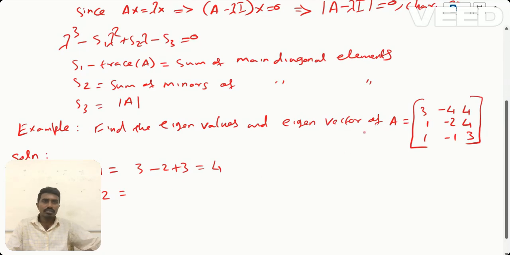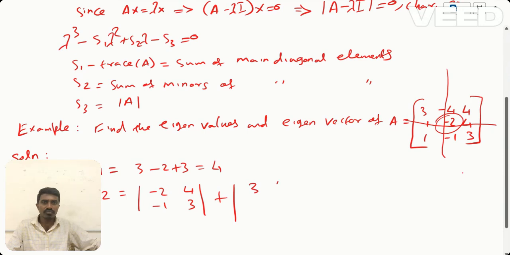The minor of the first element a11 is obtained by removing the first row and first column and finding the remaining determinant, that is, determinant of [-2 4; -1 3]. Plus, next, the minor of this element: remove this column and this row, then the remaining determinant is [3 4; 1 3].